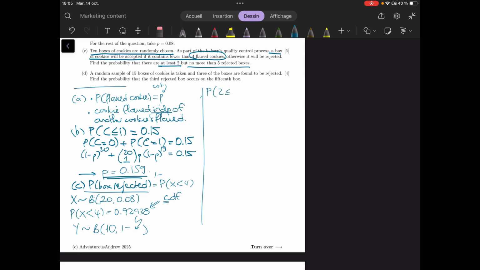Therefore, the probability that Y is between 2 and 5 is 0.1588.